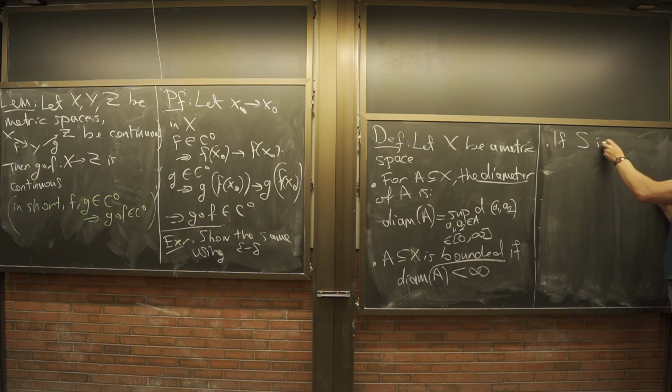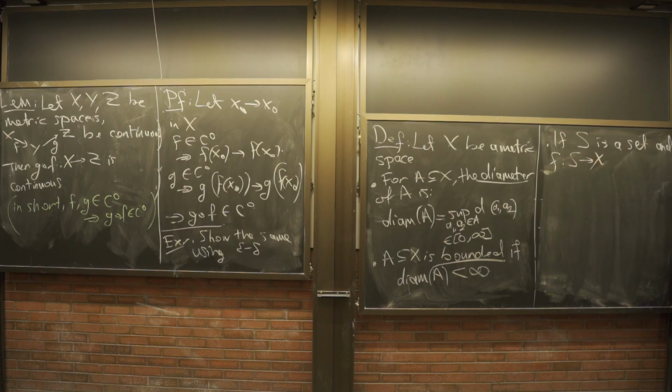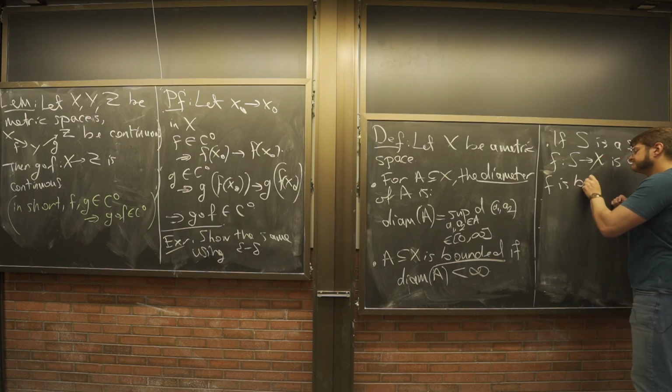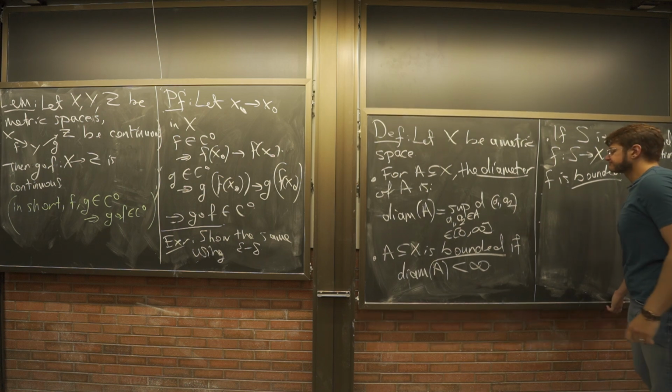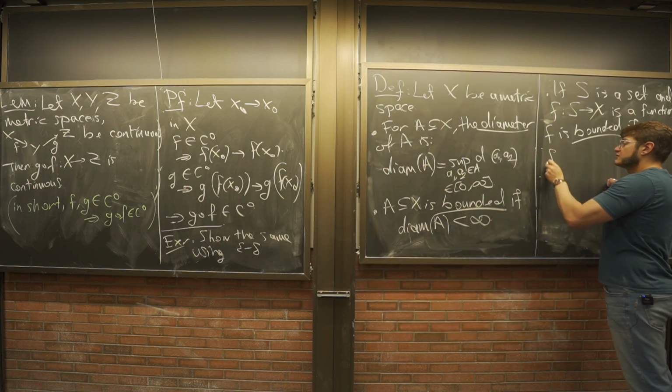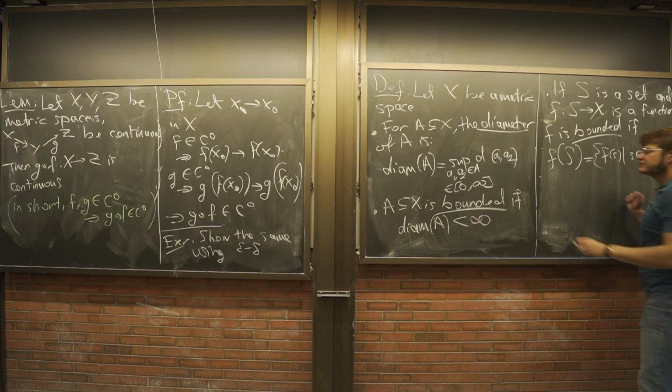If S is a set and f goes from S to X, it's a function, f is bounded if its image, f of capital S, the image set, which is f of s where s varies in S, is bounded.